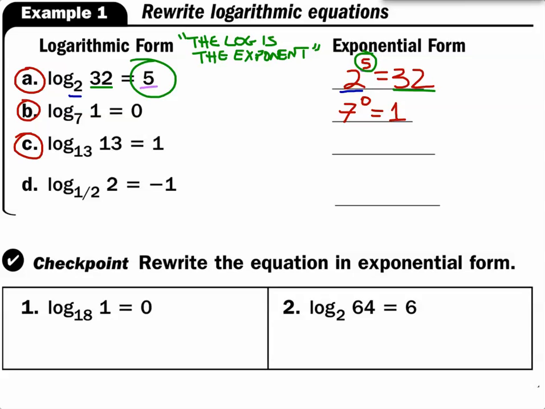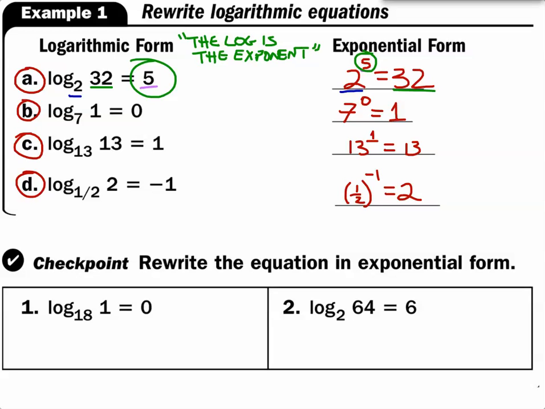And that's because 13 to the 1 equals 13. Now, I gotta tell you, this is not the best example ever because they have two 13s hanging around, both kind of looking lost. So let's quickly move on to D. It says log base 1/2 of 2 equals -1, and that's because 1/2 to the -1 power equals 2.